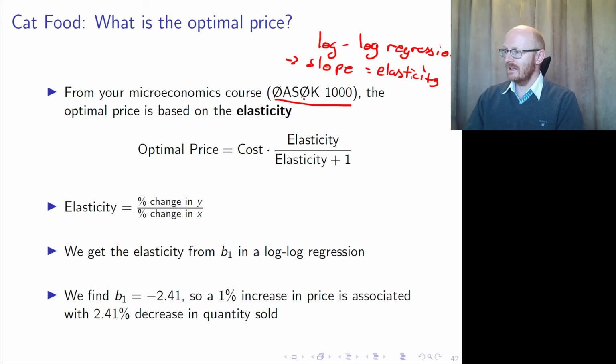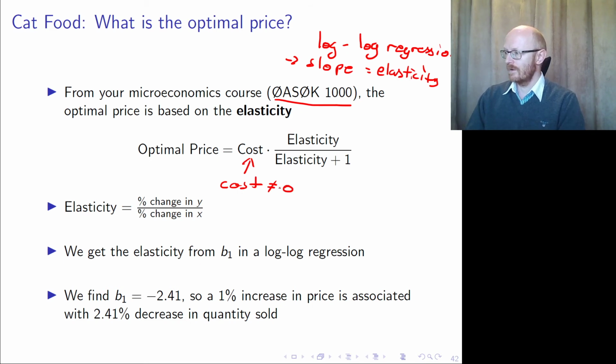You find the optimal price of a good is actually based on the cost. And here you see that if cost is 0, then you get a 0 optimal price. So we say that cost is different from 0.